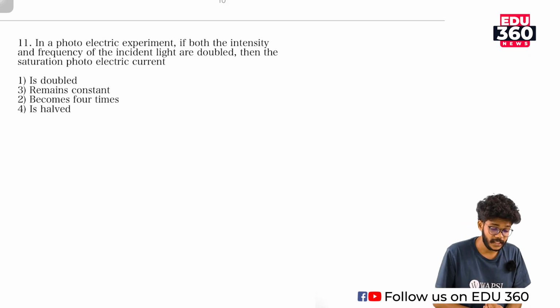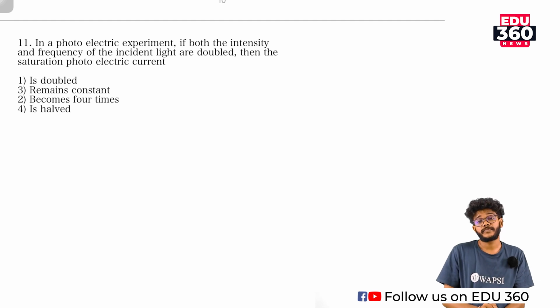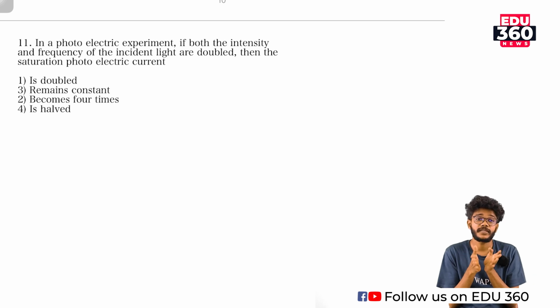In a photoelectric experiment, if both the intensity and the frequency of the incident light are doubled, then the saturation photoelectric current... So which factor does the current depend upon? What is the saturation current?